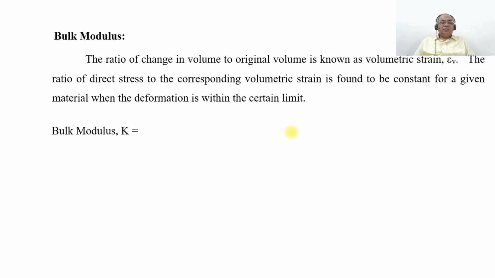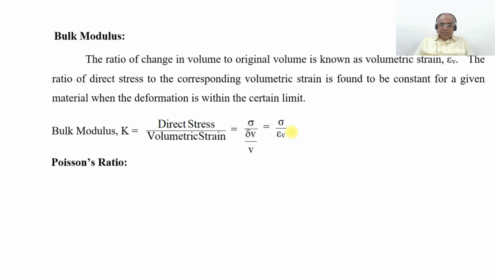So bulk modulus K will be equal to the direct stress by the volumetric strain. Direct stress is sigma, and the volumetric strain is delta V by V, which is epsilon V. So K equals sigma by epsilon V within the elastic limit.